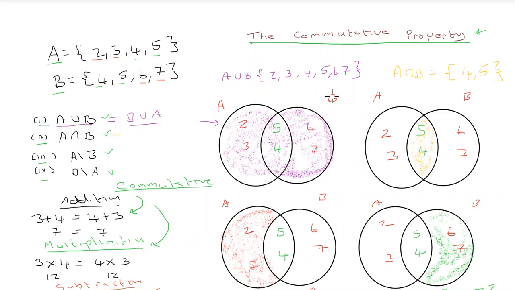It doesn't matter whether it's B union A or A union B, they're equal to each other. The same goes for intersect. If you take A intersect B, that's going to be equal to B intersect A. So again, with these sets, it doesn't matter which way you state the two sets.